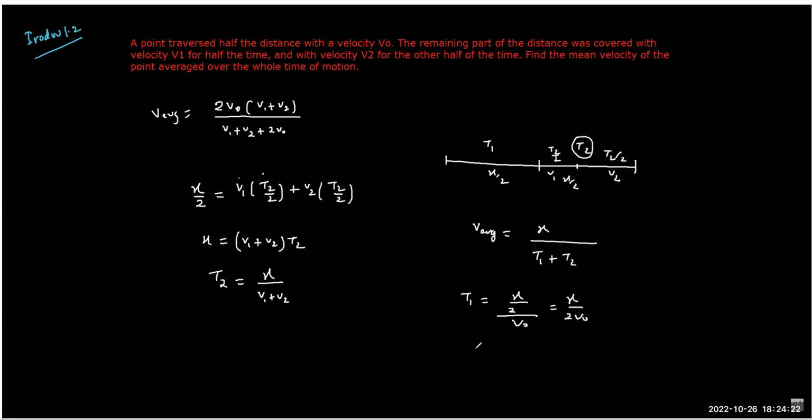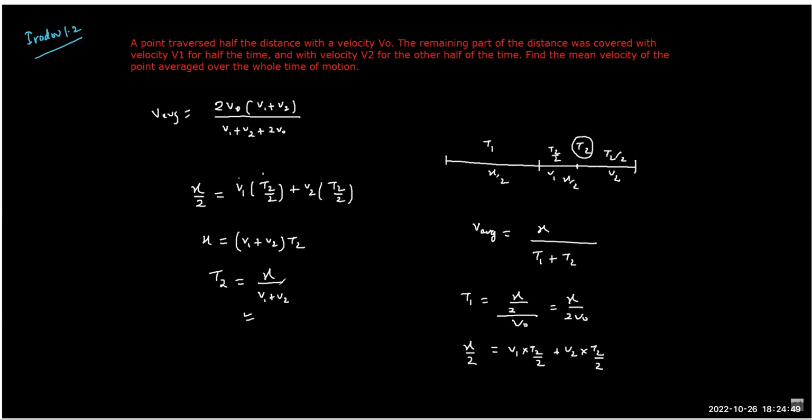For the remaining half, X by 2, you're traveling with a speed V1 into T2 by 2. This is the distance traveled with V1, and then you travel with V2 for the same amount of time. So the total distance traveled should be X by 2. This is what I have done here.